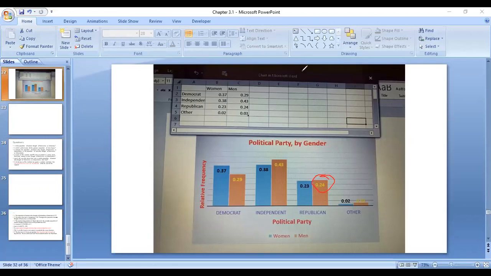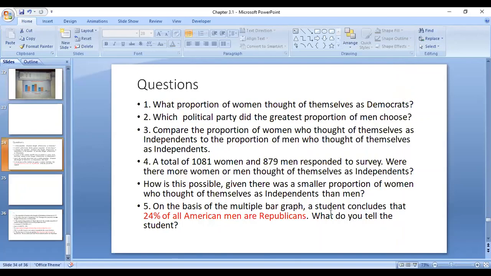Does anyone know if the student's conclusion is correct? You look here, it is 24% of men in Republican, and the student says that 24% of all American men are Republican. What do you tell the student?